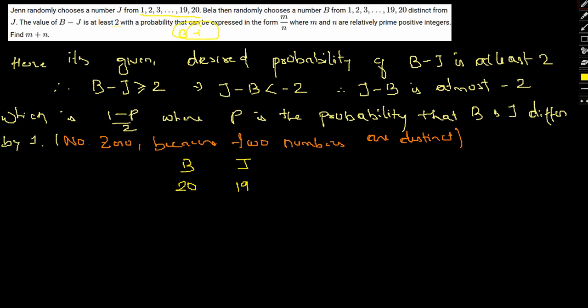So 20 into 19 equals 380 total possible combinations.